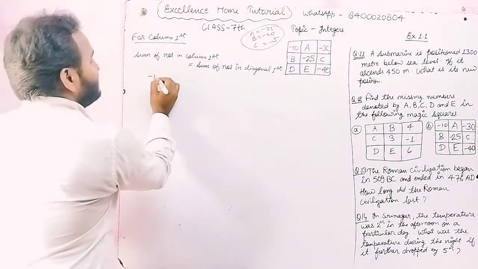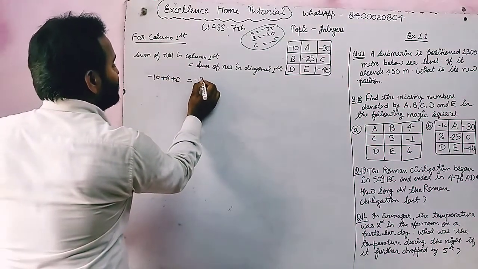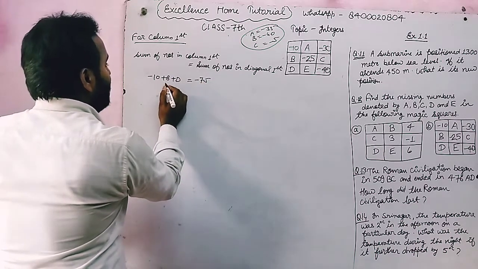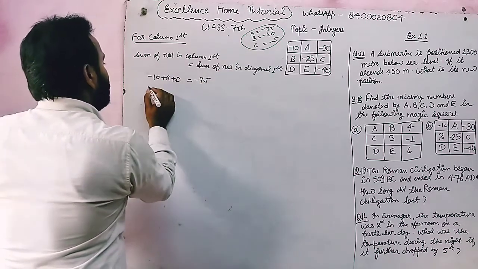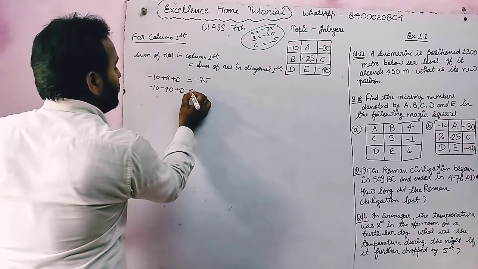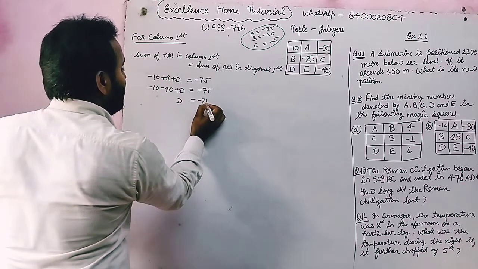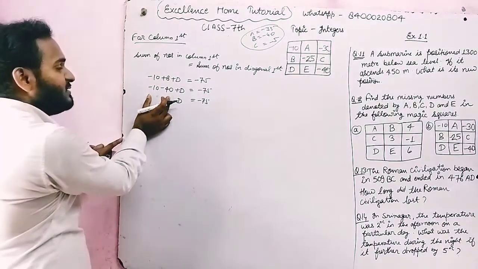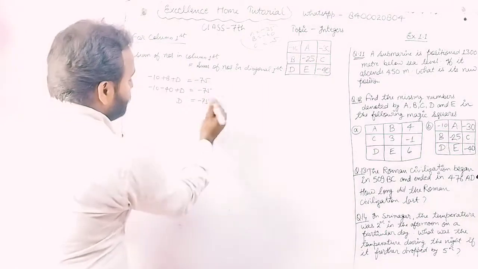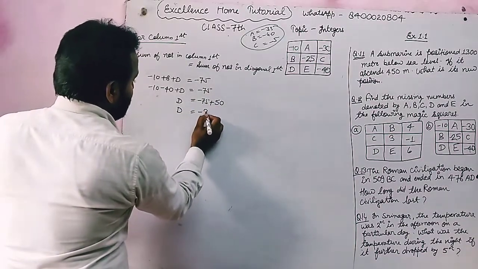Minus 10 plus B plus D equals minus 75. After that, the value of B is minus 40. So D minus 50 equals minus 75. This is minus 10, minus 40 is minus 50. After transposing, this value changes to plus 50. So D is minus 25.